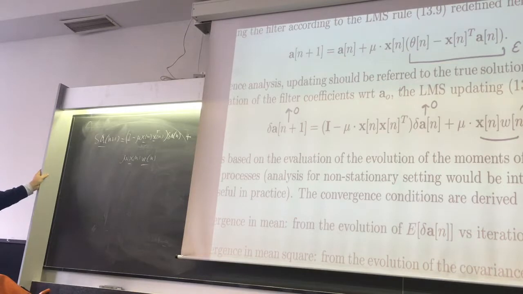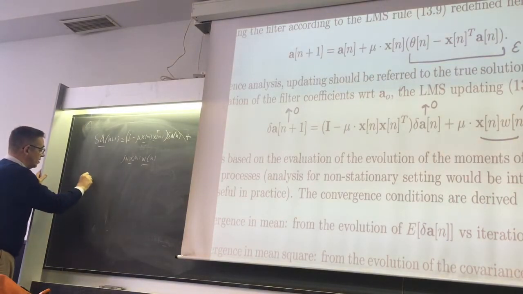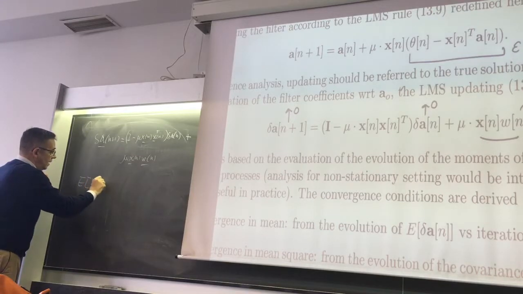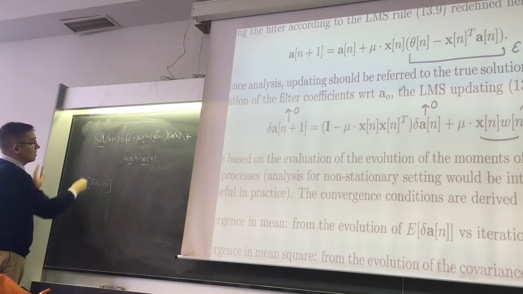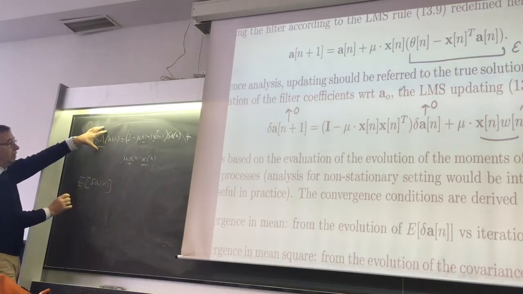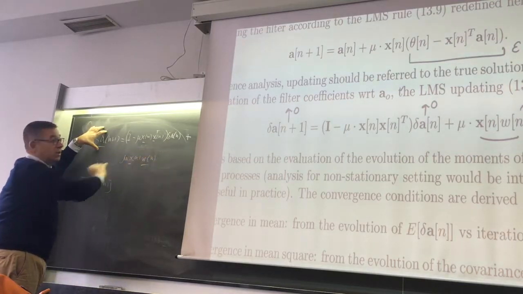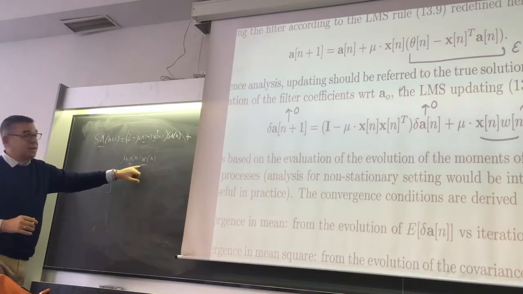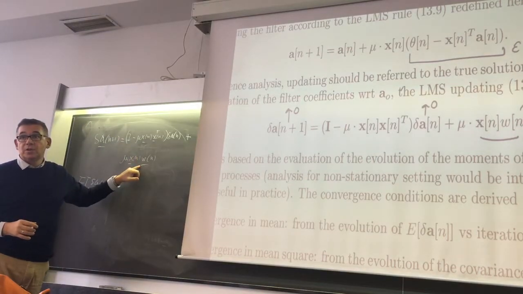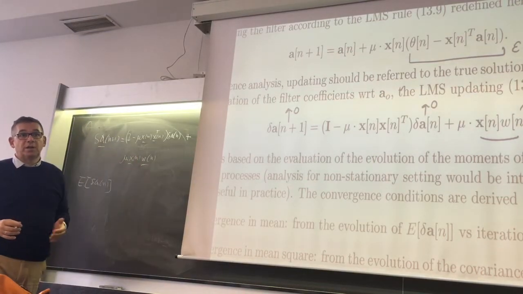So the convergence in mean is stupid because I simply calculate the expectation of delta A n plus 1. I apply the expectation on both sides, right and left. When I apply the expectation to the noise, the noise is 0 mean and goes away.